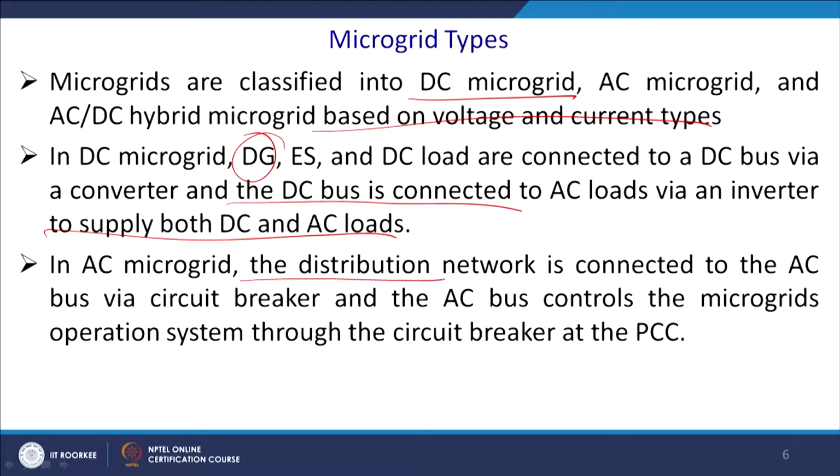In AC microgrid, the distribution network is connected to the AC circuits by means of the circuit breaker, and the AC bus controls the microgrid operation through the circuit breaker at the point of common coupling. So, this is quite easy to connect. You have circuit breakers and isolators, that is generally how the substation power comes to you.